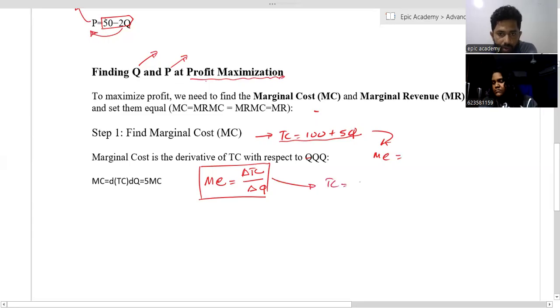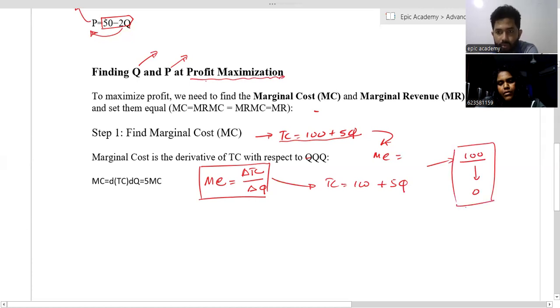Okay, then right. TC equals 100 plus 5Q. If you derive 100, it becomes 0. The derivative of any constant number becomes 0. If it is 2000, it also becomes 0.